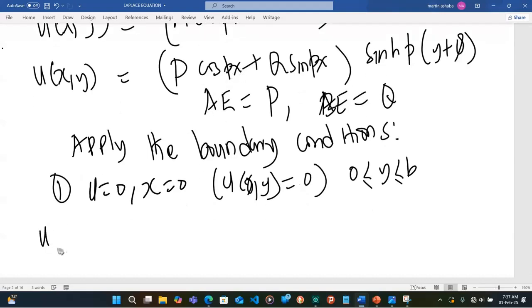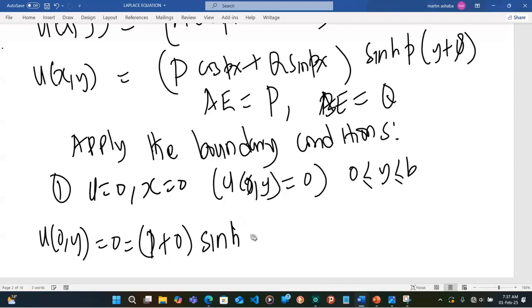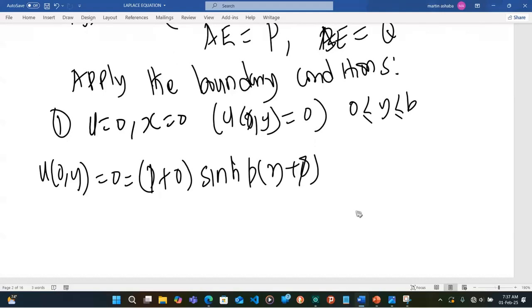So u(0,y), which is equal to 0, will be P plus, because the sine of 0 is 0, so we shall have a 0. Then we multiply this by sinh p(y + phi). So this is going to be P sinh p(y + phi), and this is equal to 0.